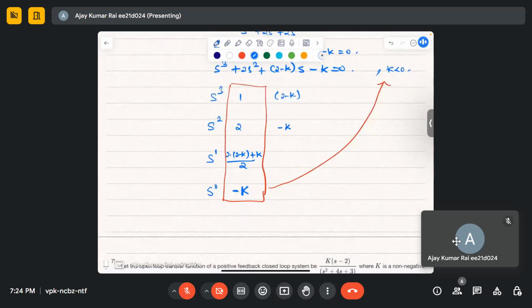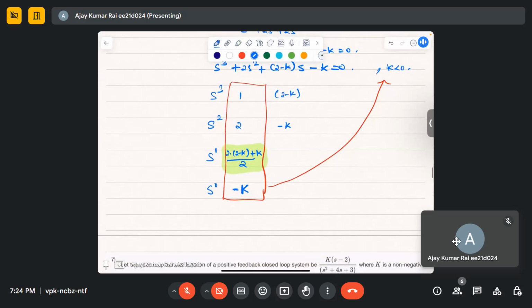If you consider this coefficient also, what can you say about it? Let me write it separately: 2 into 2 minus k plus k minus 2, so it is like 4 minus 2k plus k minus 2. So this is 4 minus k by 2.